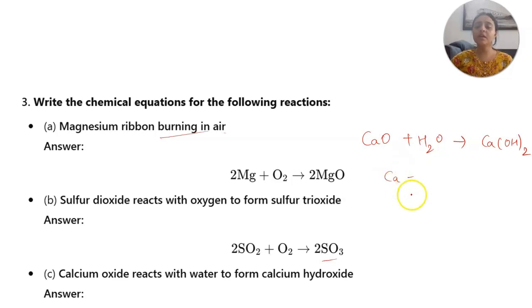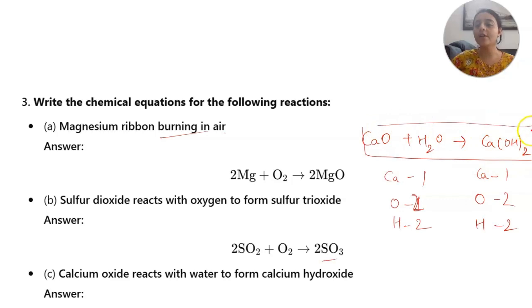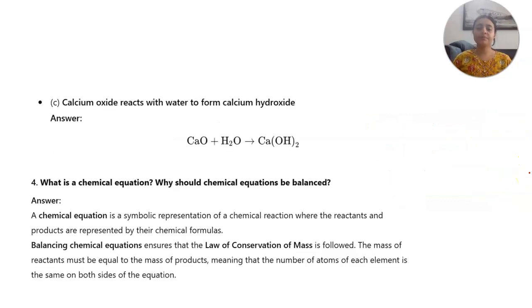So Ca is 1, oxygen is 1, hydrogen is 2. Oxygen is not 1, see, 2 are there. So we will mention 2 here on the right hand side. Calcium is 1, oxygen is 2 and hydrogen is 2. So it is balanced. This is the reaction for calcium hydroxide formation.